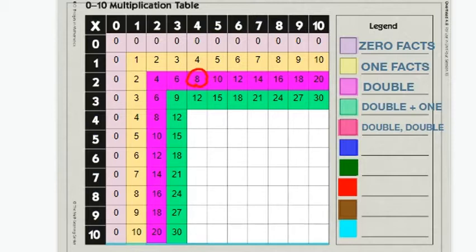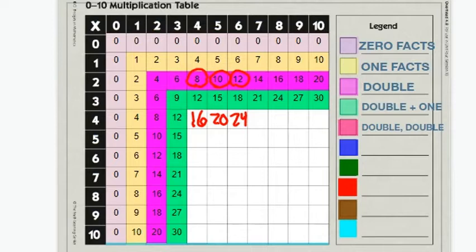So double that again. 8 doubled is 16. 4 times 5 is going to be 10 doubled, because 5 doubled is 10. Double that again. 10 doubled is 20. We just did it, but 4 times 6 is going to be 12 doubled, because 6 doubled once is 12. Double that again, and we get 24.